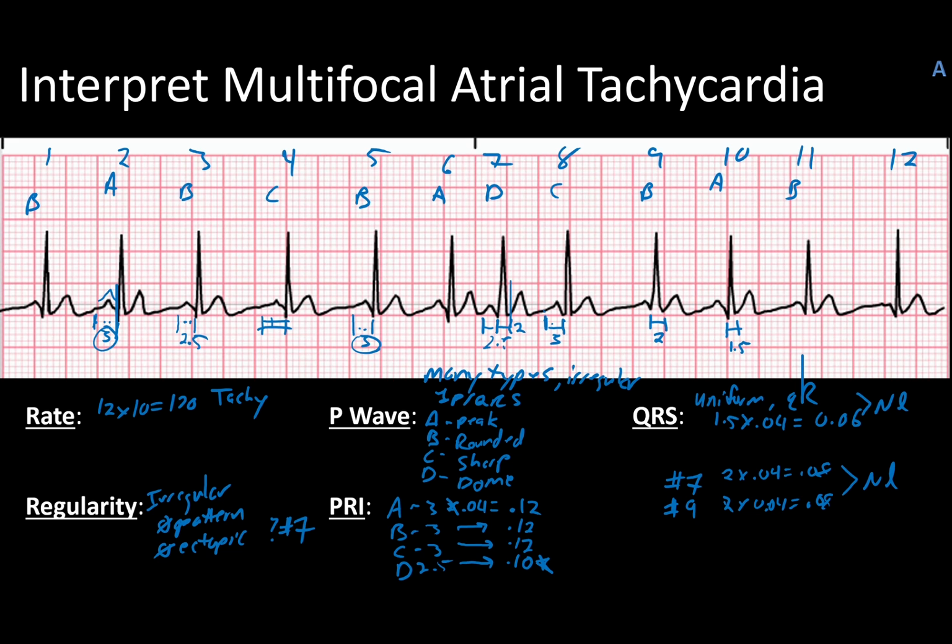So that could just be a case of aberrant conduction that's going on there. At the end of the day, though, we've met all the criteria of tachycardic, irregular, unique P waves, which all have their own PRIs, which are essentially within normal limits. I'm still kind of concerned about D. But the QRSs are all essentially normal.